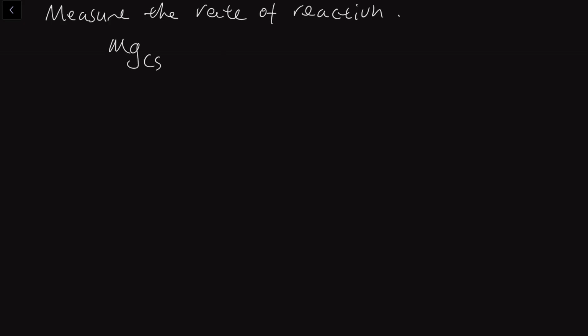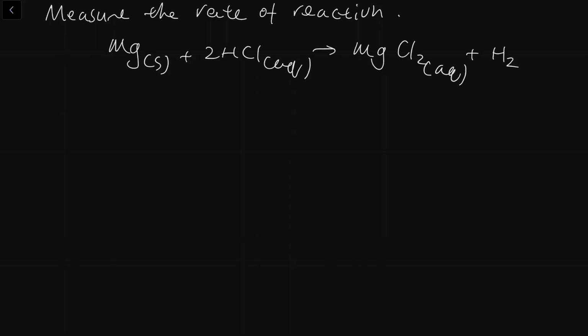We also need to know how to measure the rate. So let's use one example. Magnesium solid reacts with hydrochloric acid aqueous solution to produce magnesium chloride, which is an aqueous solution, and hydrogen gas. It's actually very easy to measure the rate of reaction for this particular chemical reaction because hydrogen gas would escape from the system.